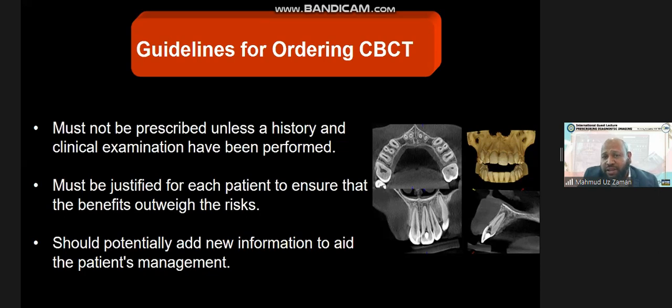We may allow this patient so that we can clearly see whether it is exactly touching the nerve or the maxillary sinus floor, so that additional information will be added to the periapical radiograph we have already had. Or sometimes there is a benign tumor or malignancy. You need to see the extent of the disease, buccal expansion of the disease, in 3D views. So we'll allow this patient for CBCT.